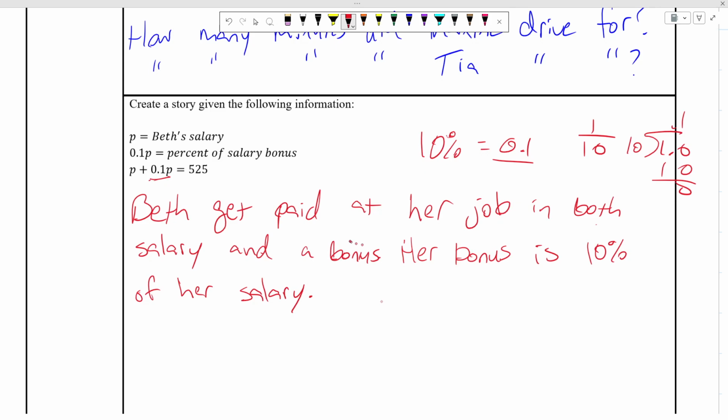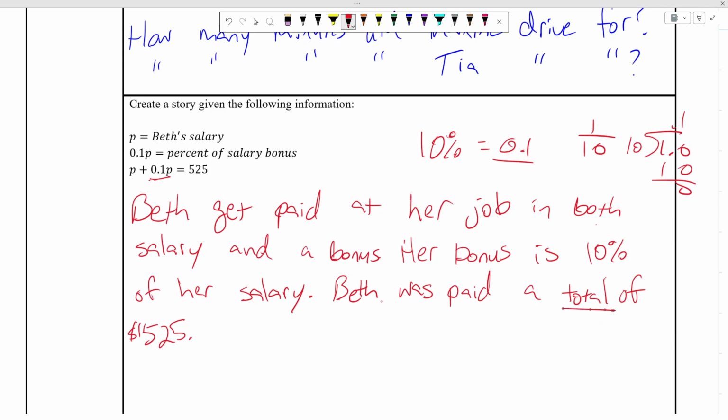Anyways, with that said, Beth was paid a total of $525.